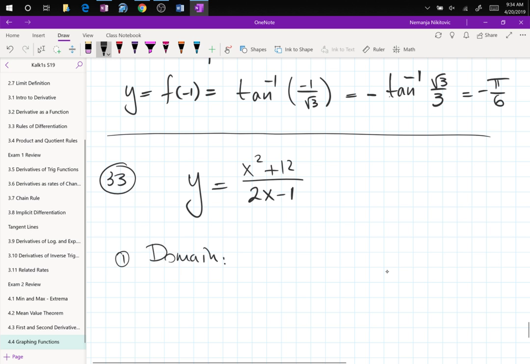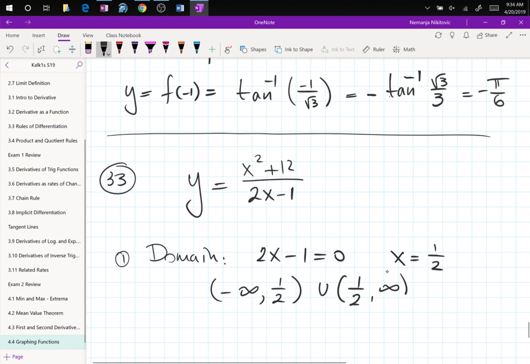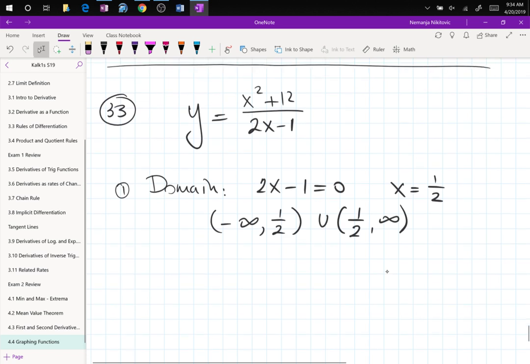For domain, we take the denominator and set it equal to 0 to calculate the points that we get to kick out of the domain, because your denominator is not allowed to be 0. So x is not allowed to be a half, which means the domain is going to be negative infinity to 1/2, union 1/2 to positive infinity. So we have the domain and we have the interruption in the domain.